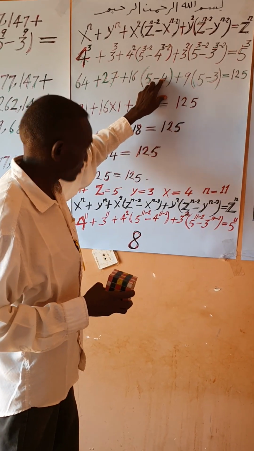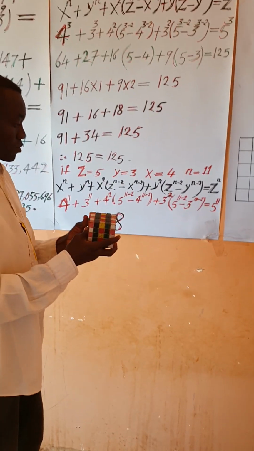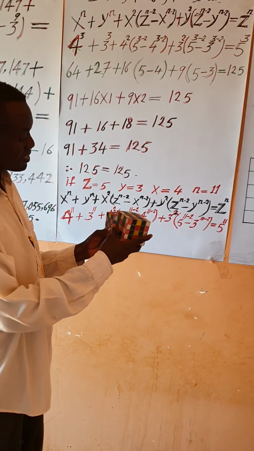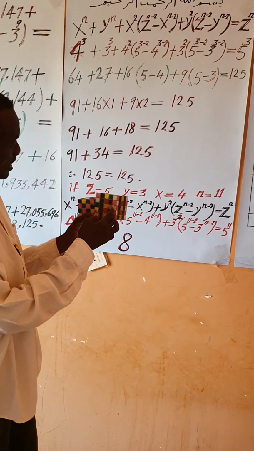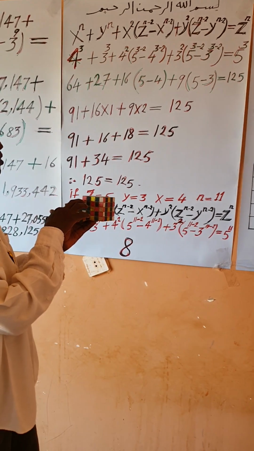Minus 4. What's the 4? What's the difference between this 4, this and this? Because they are one row different.